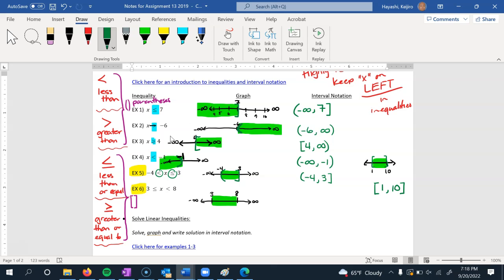A bracket, right, because of this symbol that's going on here. What about the endpoint that's at 8? It's going to have a parentheses. So that interval is going to start at 3 with a bracket, meaning that it includes 3, and it's going to go up to 8, but with the parentheses, meaning that it doesn't include 8 itself. It just goes right up to 8 and then stops.